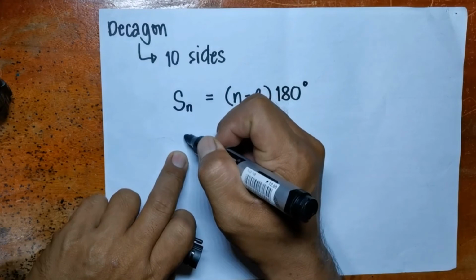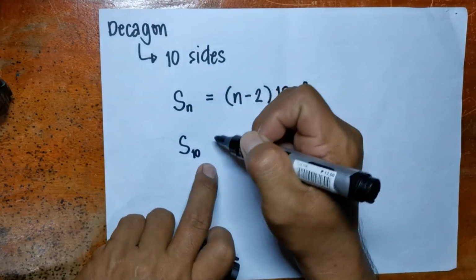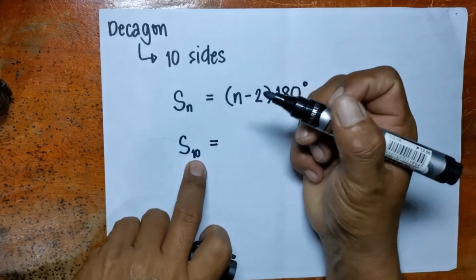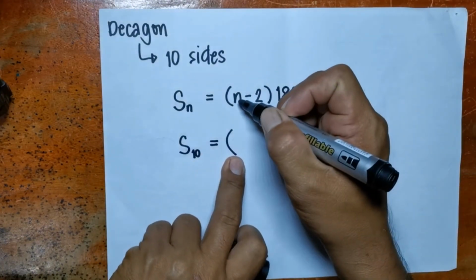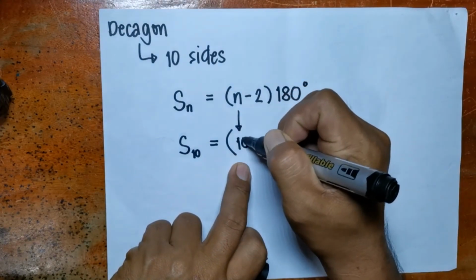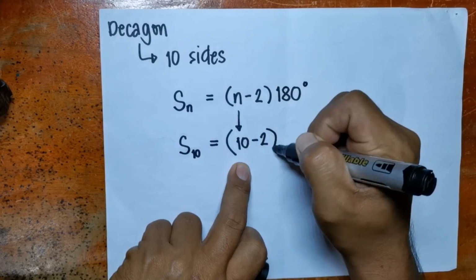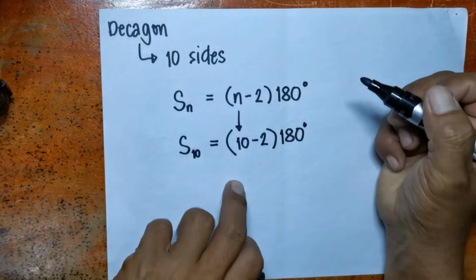So n will be replaced by 10, minus 2, the quantity times 180 degrees.